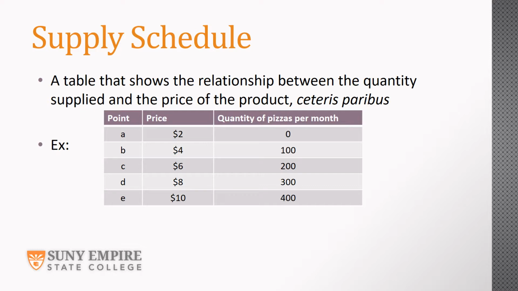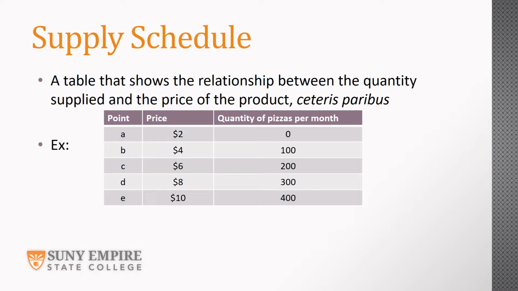If we consider our pizza example from the previous resource, recall that the possible pizza prices were $2, $4, $6, $8, and $10. At $2, the companies cannot even cover their costs of production, so they won't produce any pizzas.